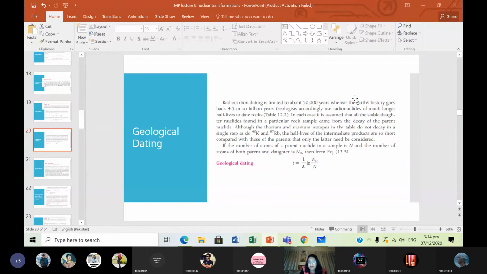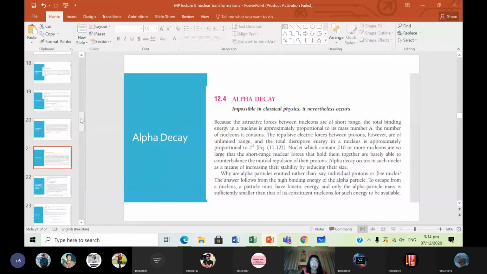So if you have a rock sample or a sample of wood or something like that, and we know the half-life of the radioactive substance it's made of, we're able to determine how old it is. So we have done that.